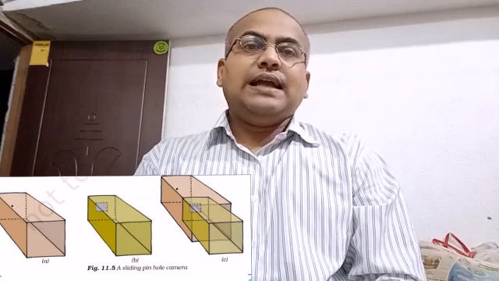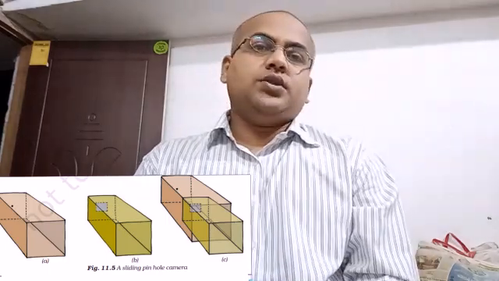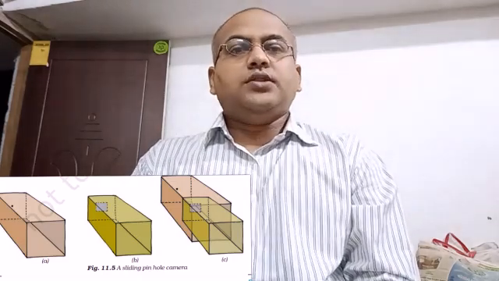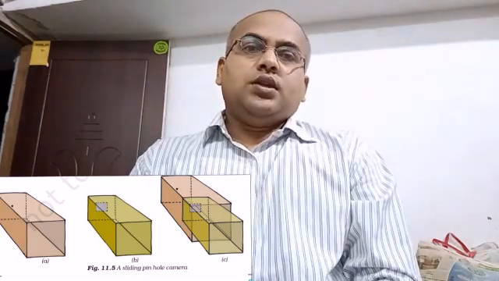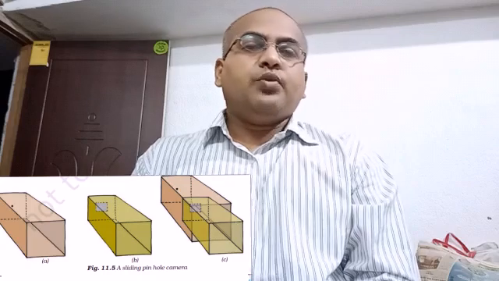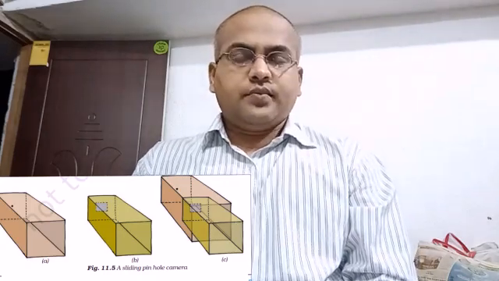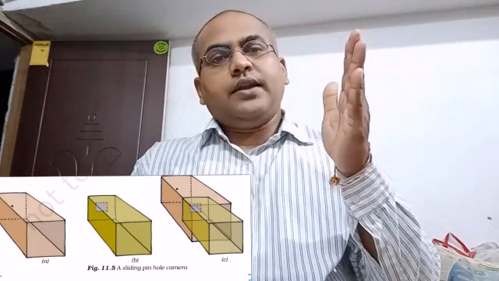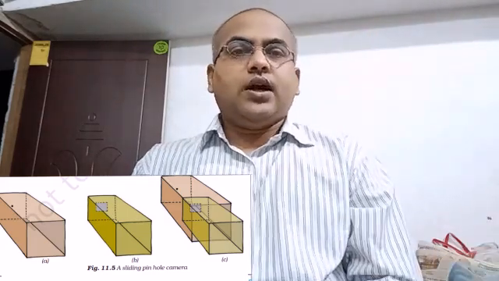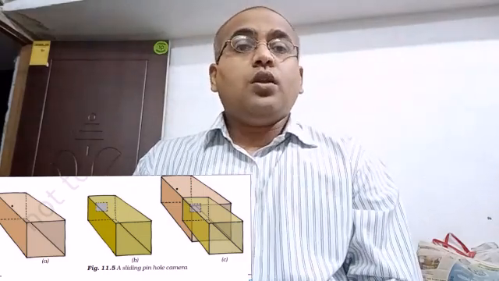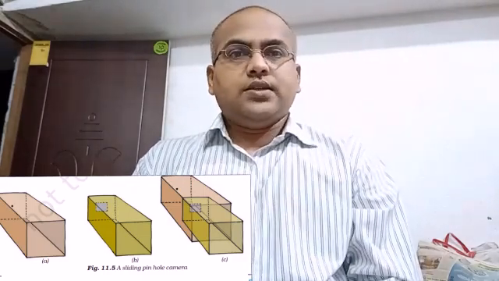So to make a pinhole camera, we have to take two boxes and cut one side of both the boxes. In the larger box, on the opposite side, we have to make a small hole with the help of a needle.